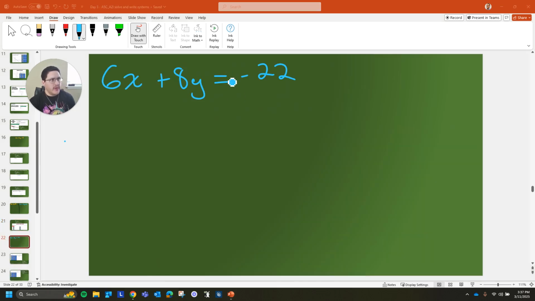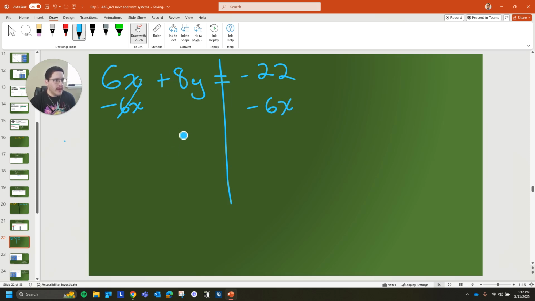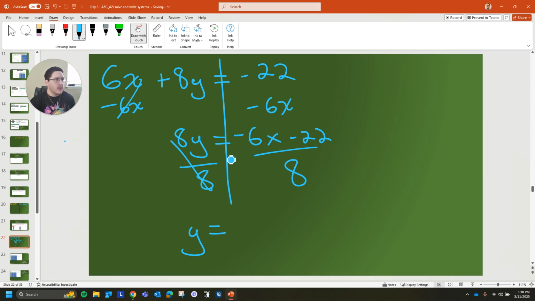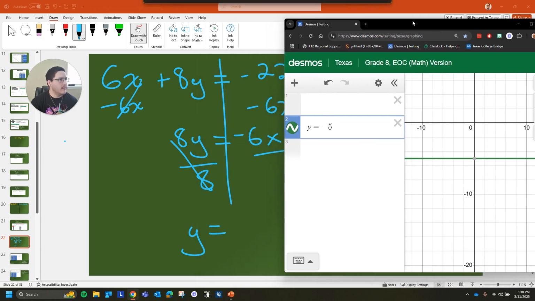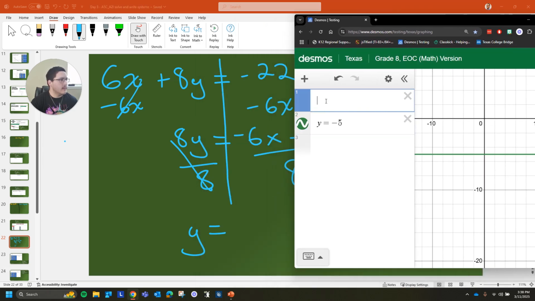So again, I'm going to quickly show you two different ways to get the y by itself. We're going to subtract 6x on both sides. We're going to get positive 8y is equal to negative 6x minus 22. And then we're going to divide both sides by 8. So y is equal to, as a fraction, negative 6 divided by 8 will be negative 3 over 4.